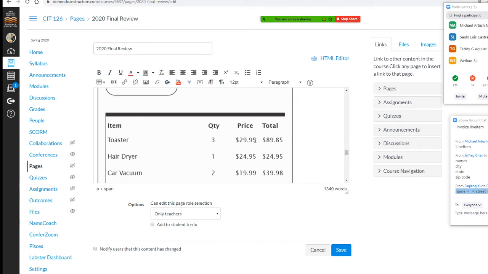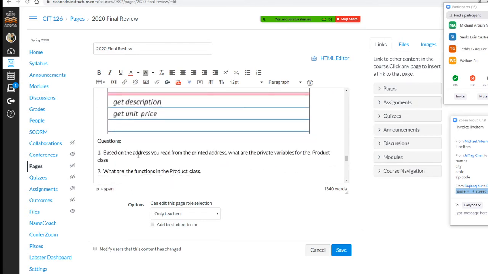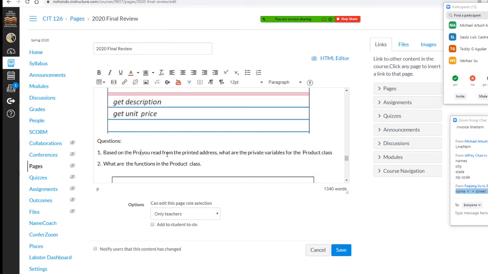So based on the product, from the printed invoice paper, printed invoice. What are the private variables for the product class? What are the private variables for the product class?